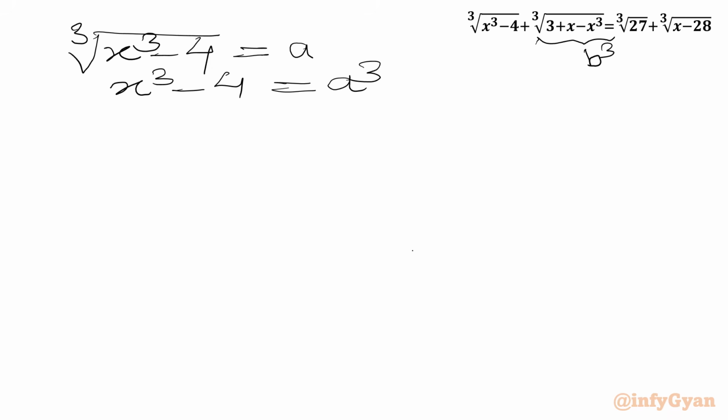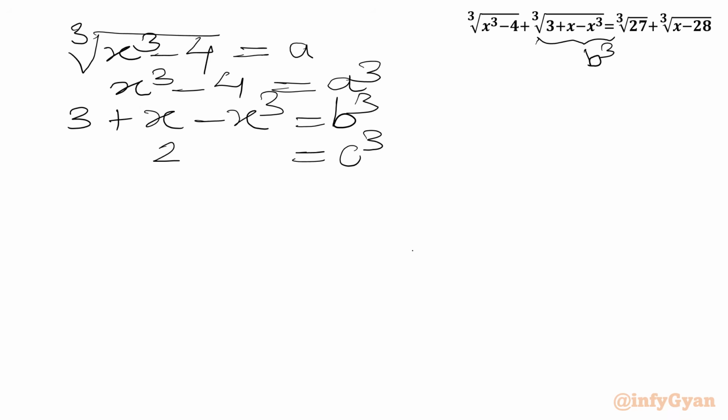So I can write here 3 plus x minus x cube will be equal to b cube. And if I write the c cube value, then it is 28 minus x.